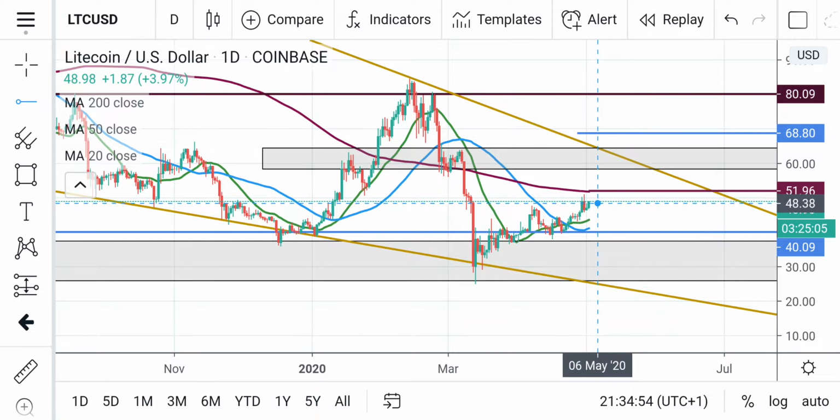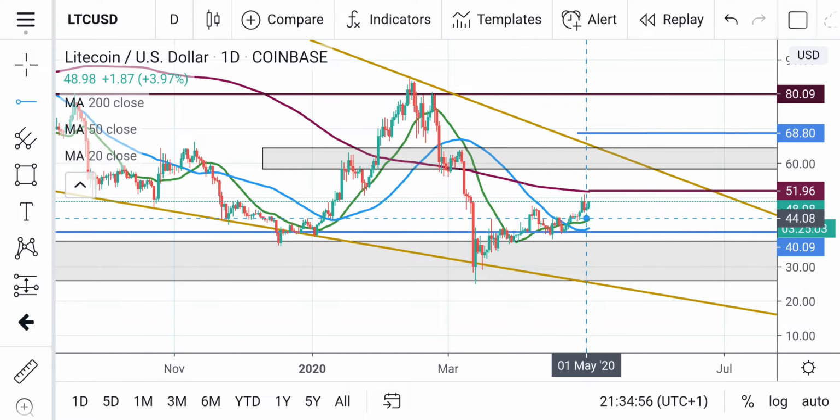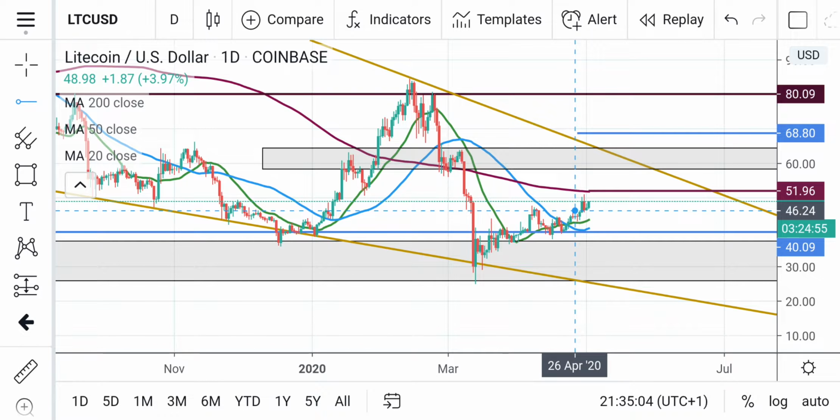That is telling you that the price is in a strong uptrend, and you have a mini golden cross over here. Golden cross is when the 50 period moving average crosses above the 200, but in this case you have a smaller golden cross of the 20 period moving average crossing above the 50.